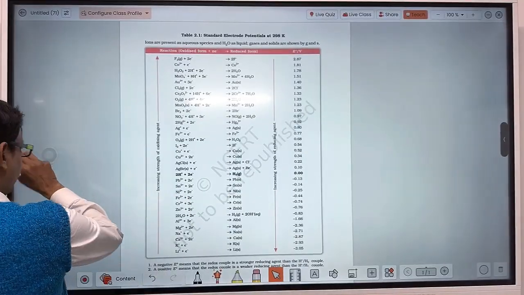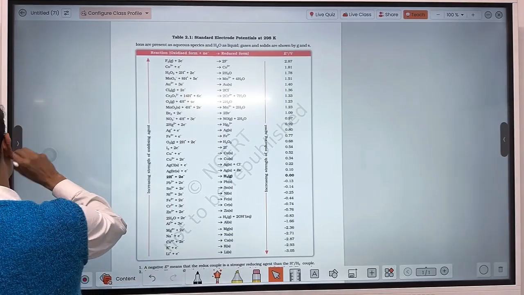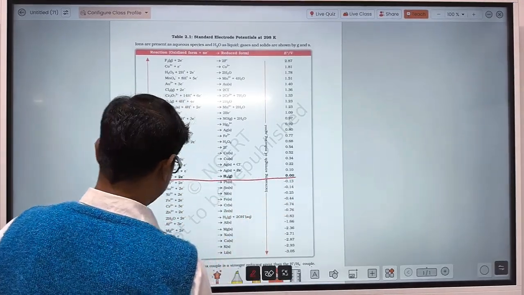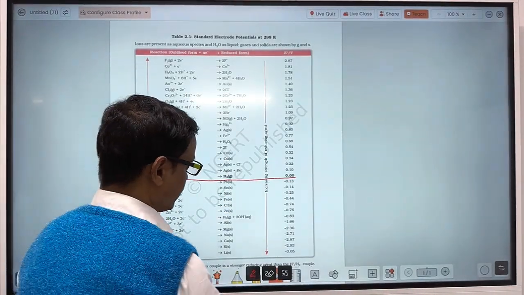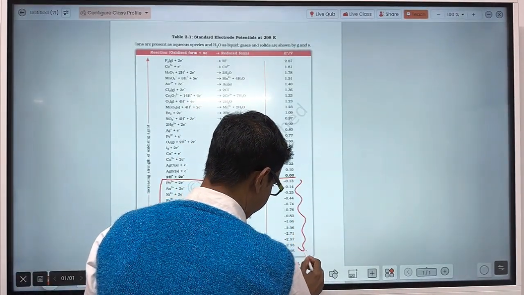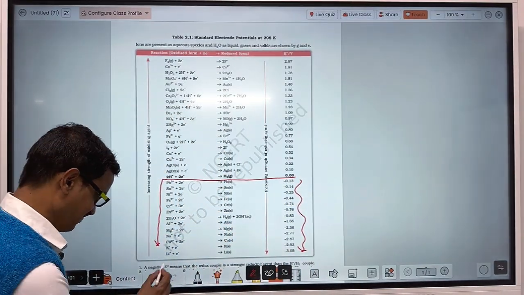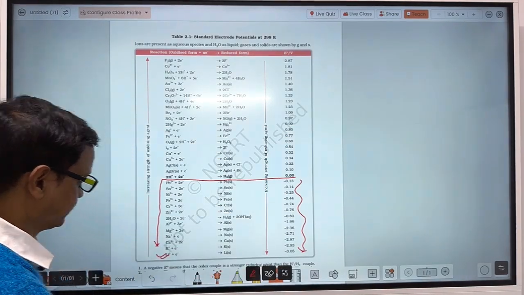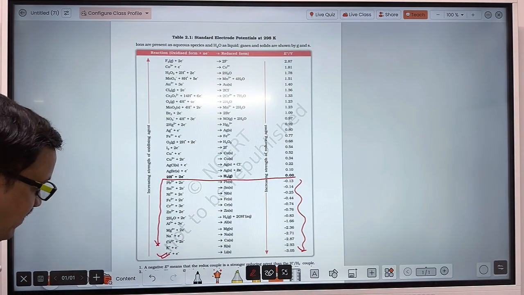Here the standard electrode potential of hydrogen is given as 0. As you move down, the standard electrode potential becomes negative, and the negative value keeps increasing. Watch out here, lithium has a very high negative value. The standard electrode potential of lithium is highly negative.